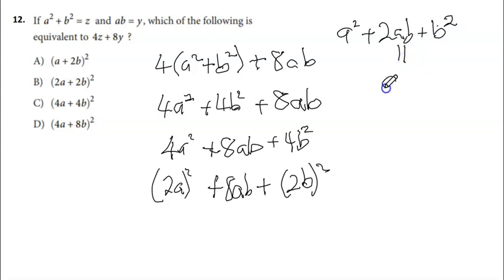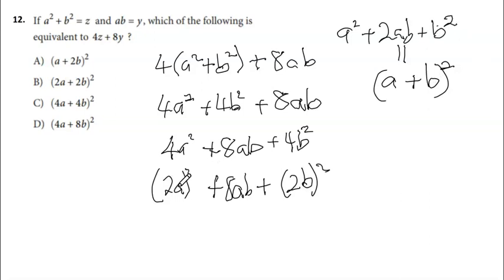Which comes from A plus B all squared, right? The way the expansion happens is you have A squared, the first term squared, plus 2 times the terms in the brackets, so 2AB, and then plus the second term squared.